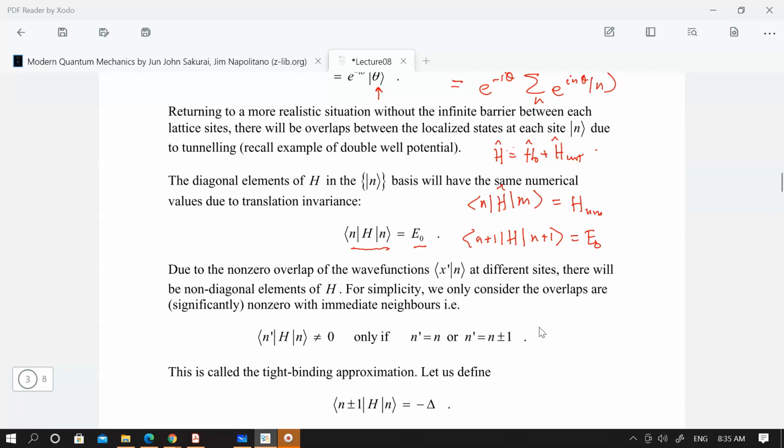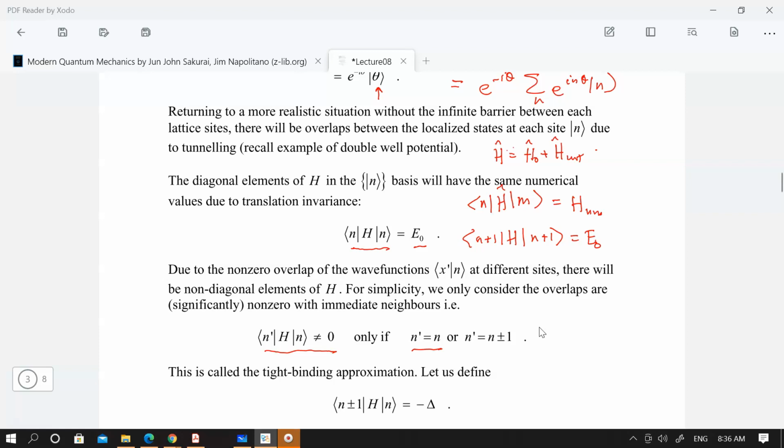The only possible non-zero matrix elements that you can have are when n and m are related by just one lattice site, a neighboring lattice site. So we consider the case of non-zero matrix elements in this way. Whenever it is equal, you get back to the diagonal case.